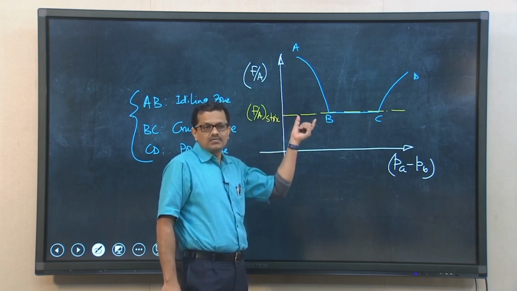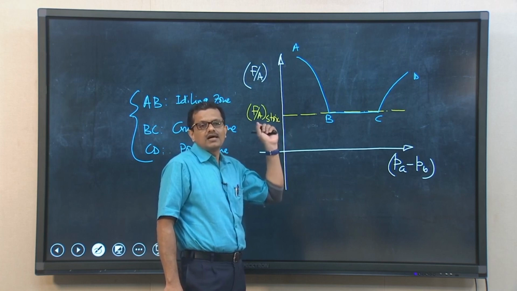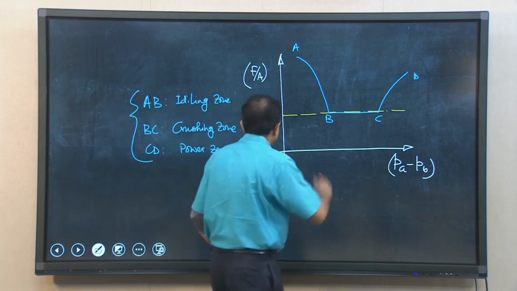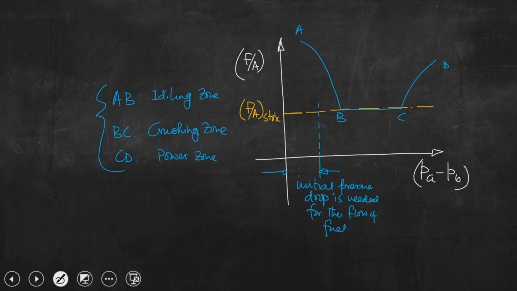This is the requirement of the engine, but the fuel air mixture has to be supplied by a carburetor to the engine, and if we try to draw the characteristic curve of the carburation, we know that an initial pressure difference is needed, say if this is the initial pressure drop needed for the flow of fuel.